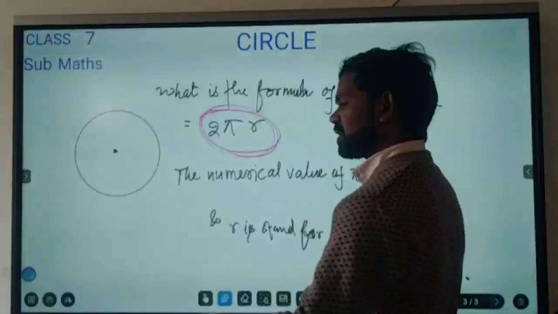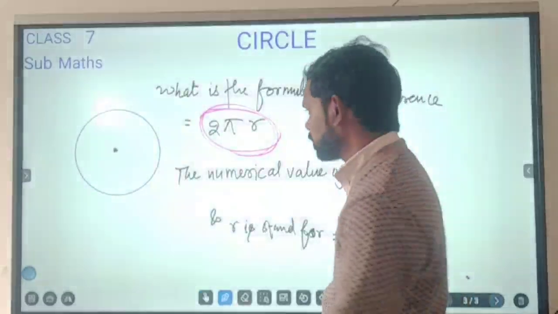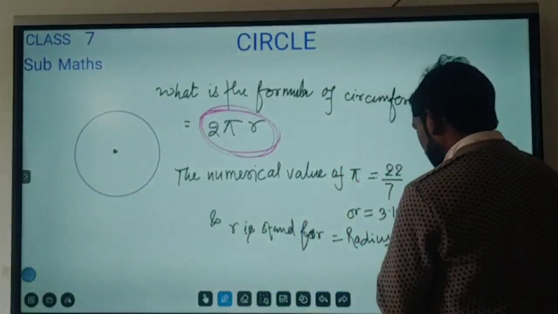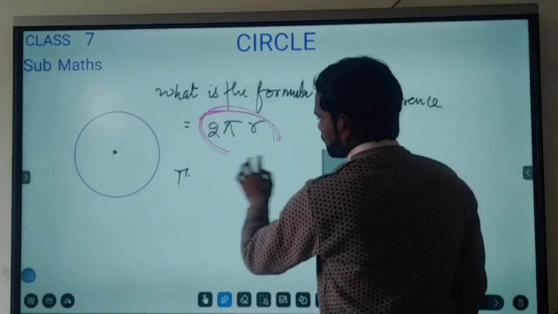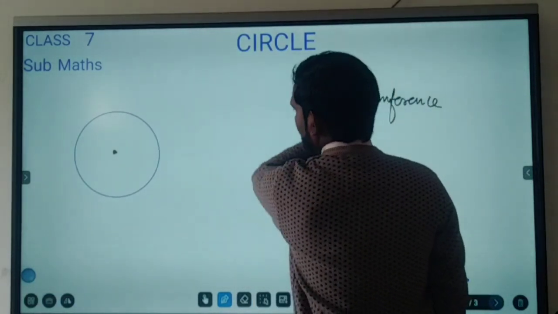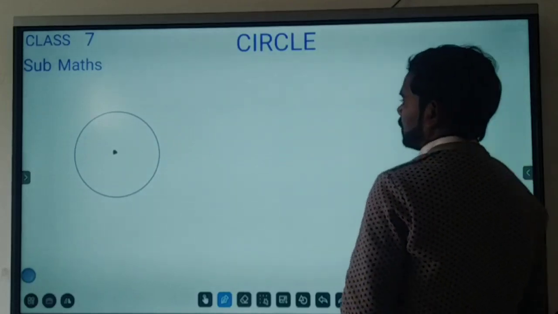Now let's see the next formula, which is the area of circle.